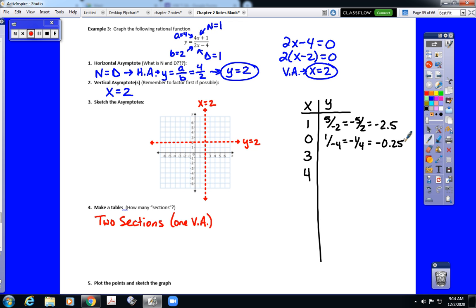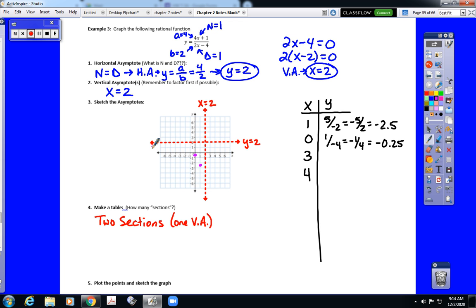So if we go over here to our graph, and I'm going to graph these in purple, and we graph 1, negative 2.5 would be halfway between negative 2 and negative 3 on the line where x equals 1. And then 0, negative 0.25 would be below the axis, but just barely. That should tell us pretty much what this looks like.